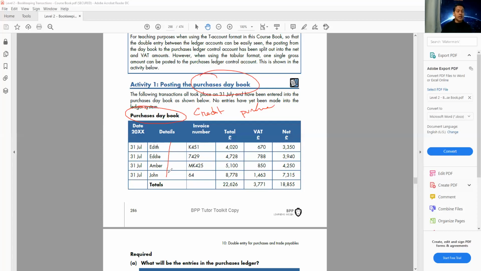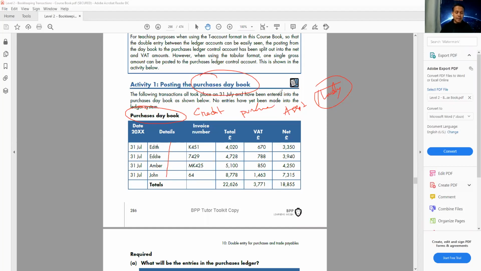Very well done, Muriel. So if they are my credit suppliers, are they my asset or my liability? They are my liabilities. Yes, they are my liability because I buy something from you and I said I'll pay you later. So I'm creating the liability.